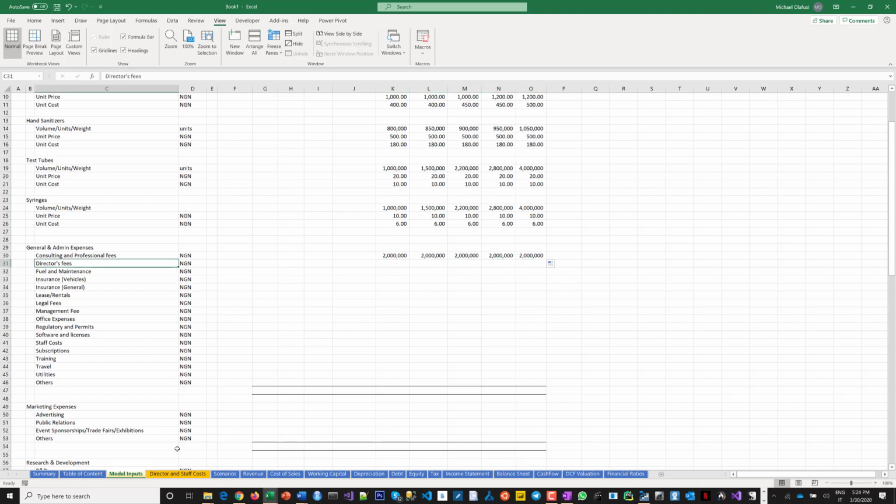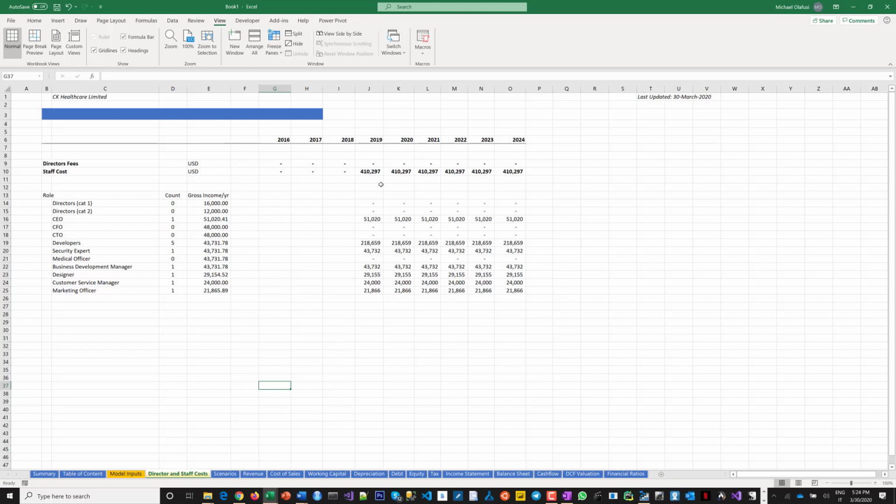For directors fees, we can grab that from here. So say they are going to have 6 directors. There's going to be the board chairman, whose fee is going to be higher than the rest, and there will be 5 regular directors.